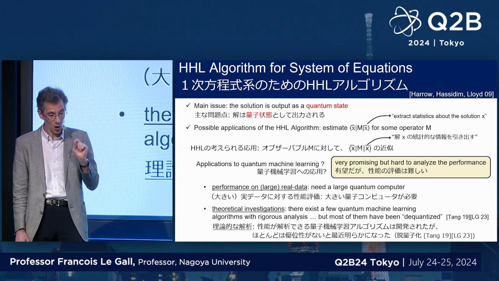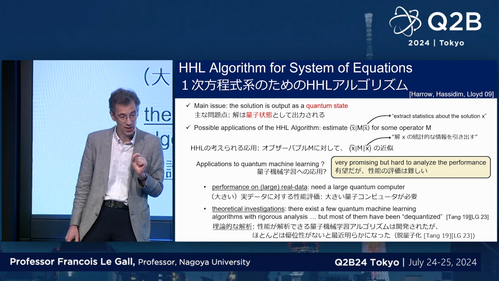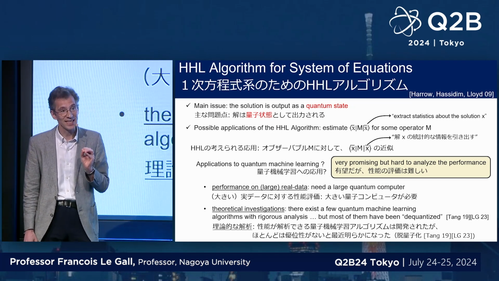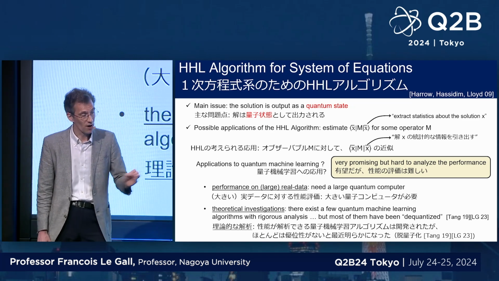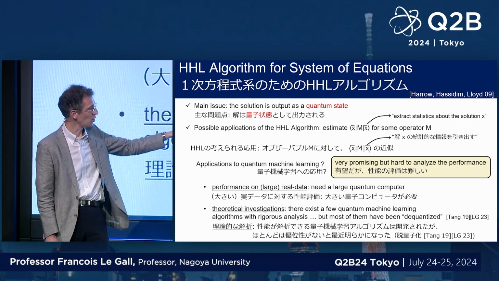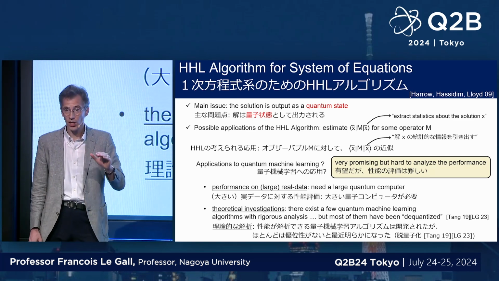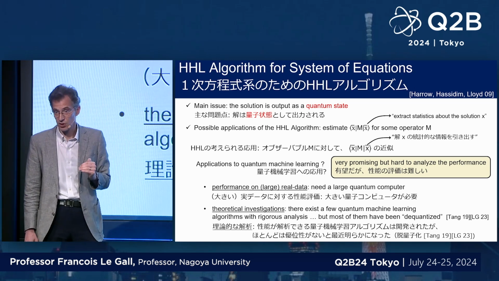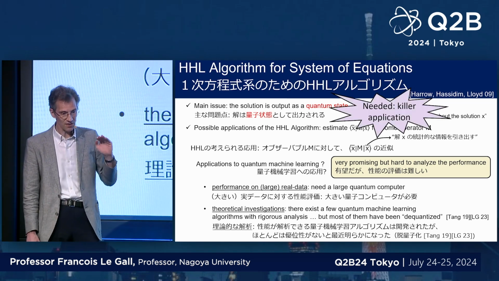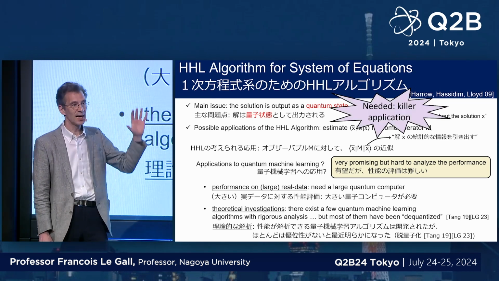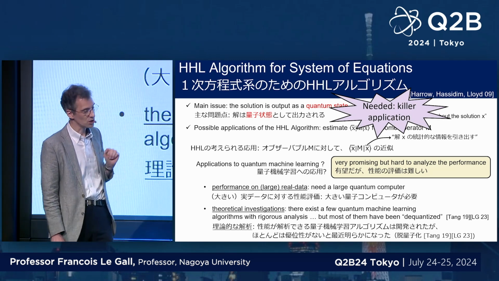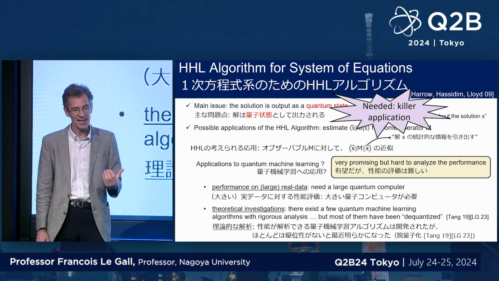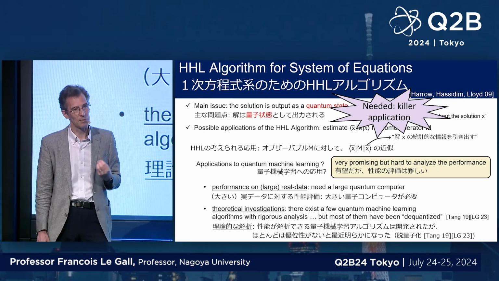But the point is that most of these quantum algorithms, where we have a rigorous analysis, have actually been dequantized. Essentially for all these examples, you can achieve similar performance with classical computers. So we are in a situation where quantum machine learning and applications of the HHL algorithm seem very promising, but we are still missing a killer application.